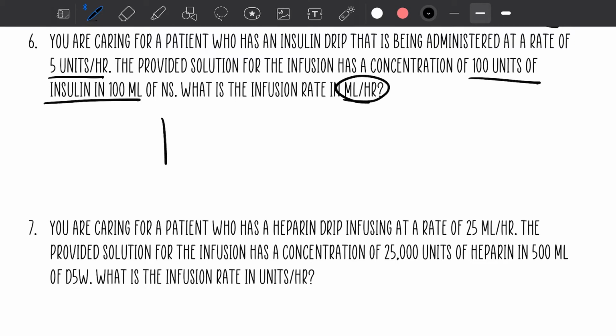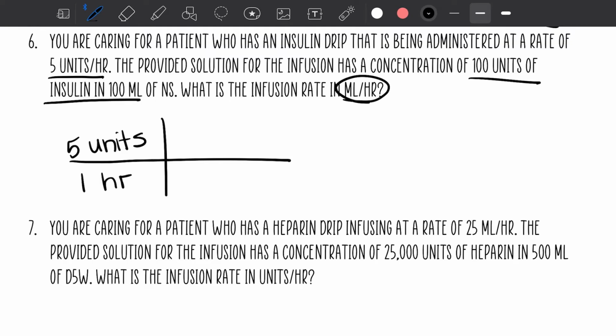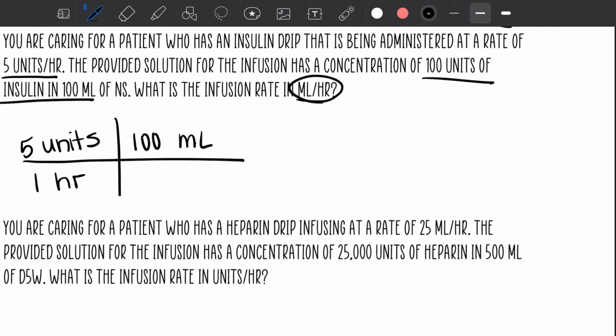So draw our cross. Now our rate that our infusion is currently going at is going to act as our order. So it's going to go on the left. So 5 units over 1 hour. And then the provided solution is going to be what we have available. So our 100 milliliters over 100 units.